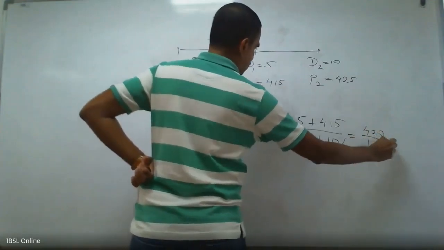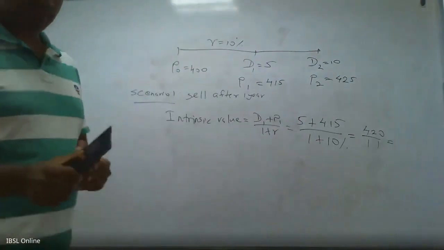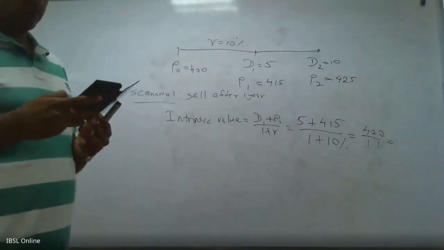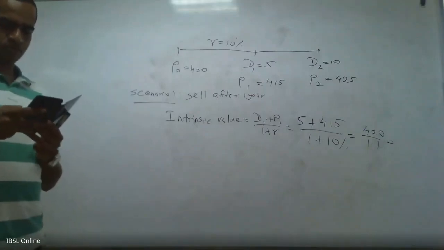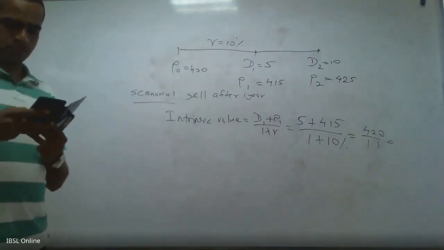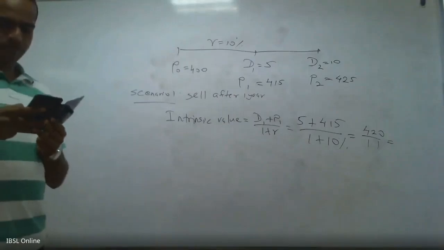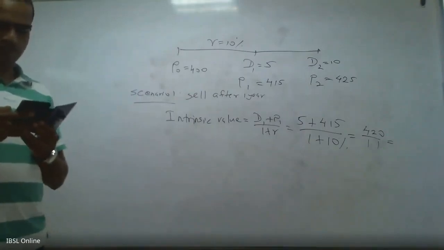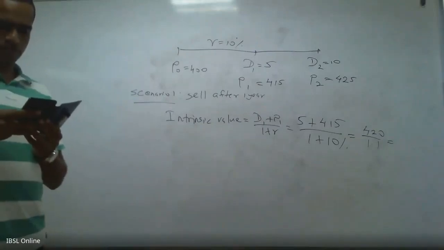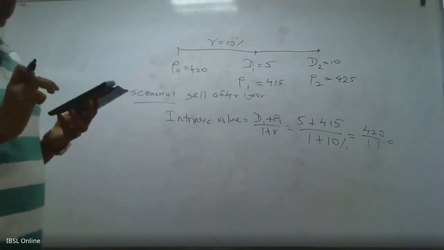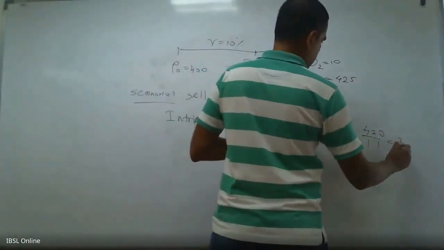That is 420 divided by 1.1, which is $381.82.